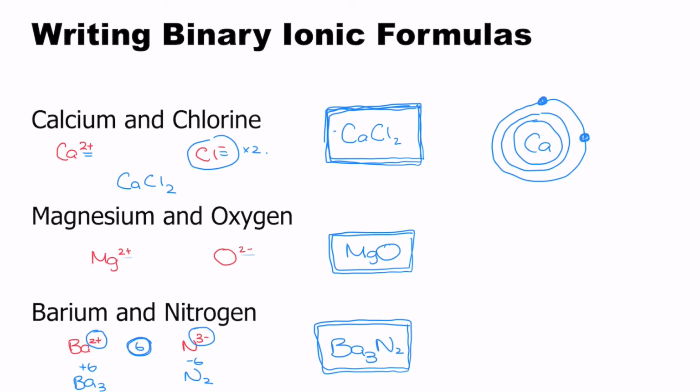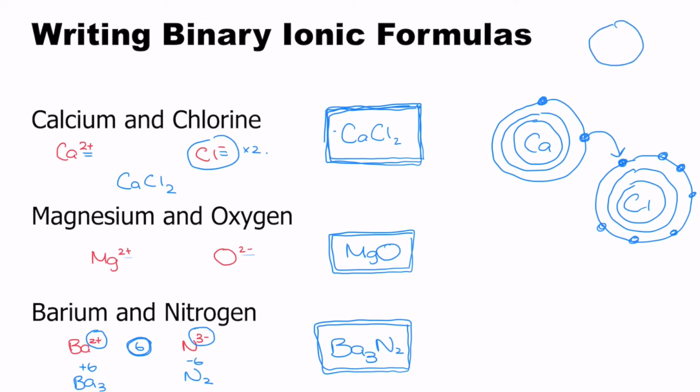And chlorine has many in the center, has 7 on the outer, and so one of these electrons is going to fill the 8th spot that the chlorine needs, and it needs another chlorine to take that other one.